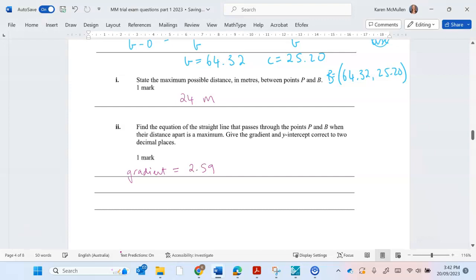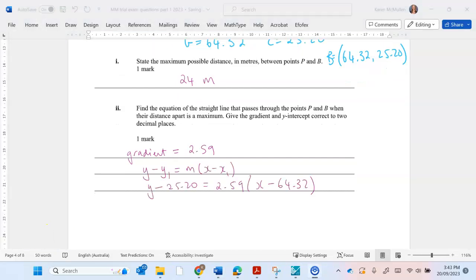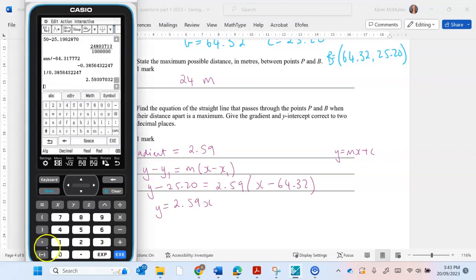And then the y-intercept. Just do whatever way you use to get a linear equation. You can either substitute it into y equals mx plus c, or use this rule here, and then you can just do that on your calculator to rearrange. So y equals 2.59x, and then let's do the rest on our calculator. So negative 64.32.